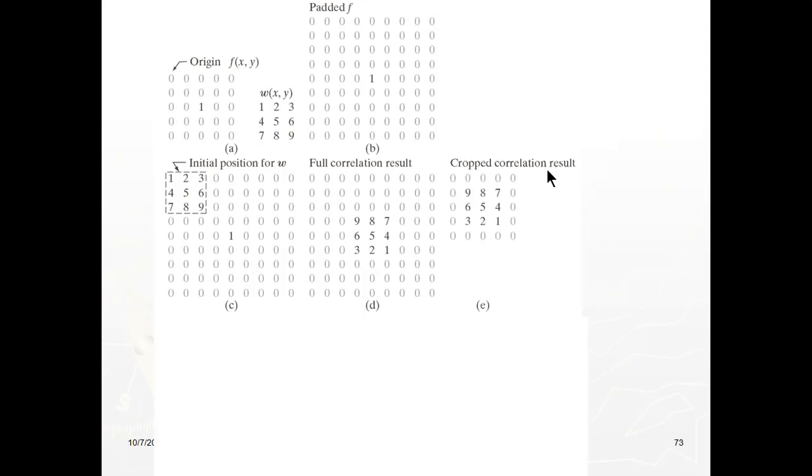Then the cropped correlation result will be like this. Cropped just means we remove whatever is padded values, so they will get it like this. Then for the case of the convolution, we rotate the value of W. The W is like this, and we rotate it and put it like this by 180 degrees in both the directions.